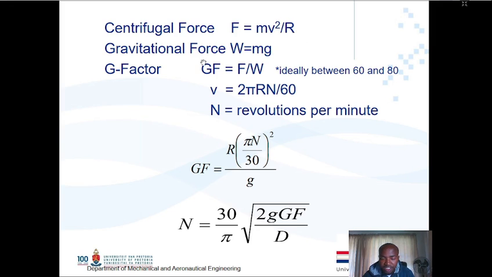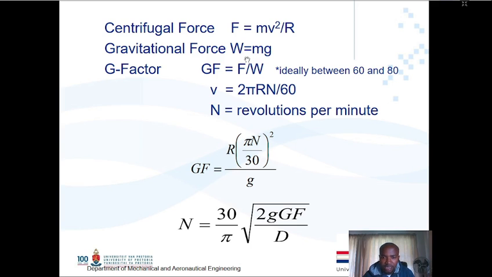And then the gravitational force will be your weight, which is mass times gravitational acceleration. This you will always be given, because it's a universal constant, and the mass will be provided, or you'll have to determine that somehow in your calculation, maybe using density, maybe using the volume given.